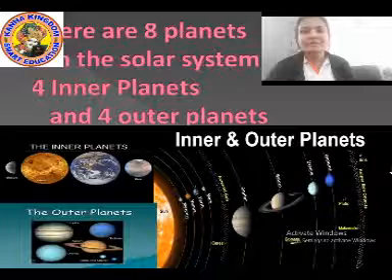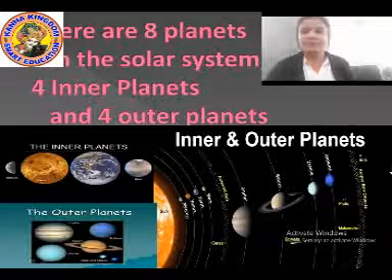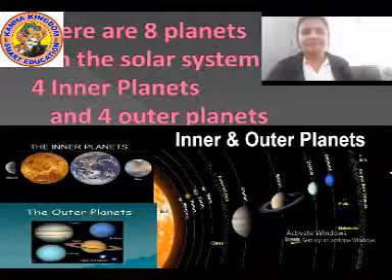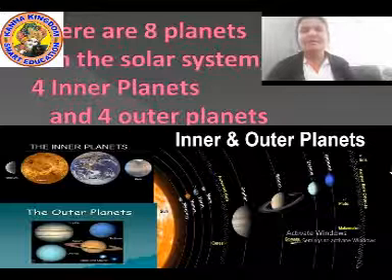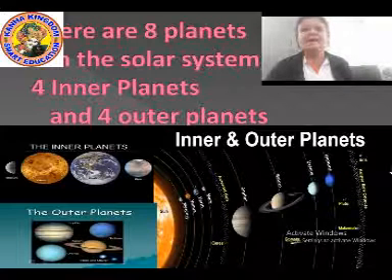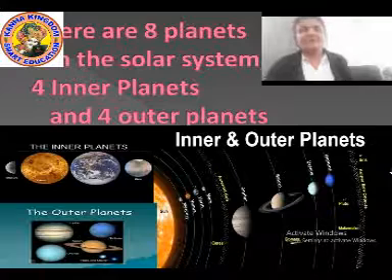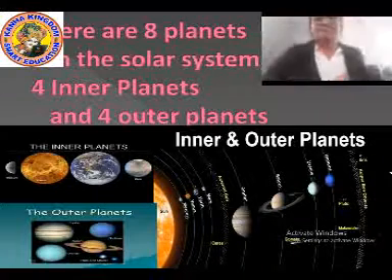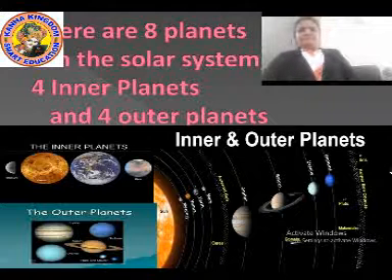Have you noted down the names of the inner planets and the outer planets? I repeat once more. Note down. Inner planets are Mercury, Venus, Earth and Mars. And outer planets are Jupiter, Saturn, Uranus, Neptune.